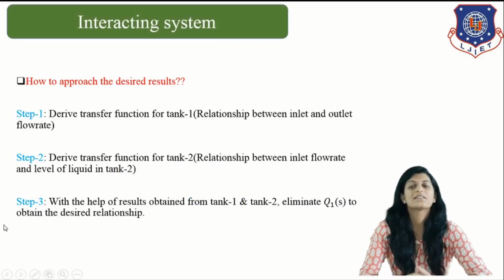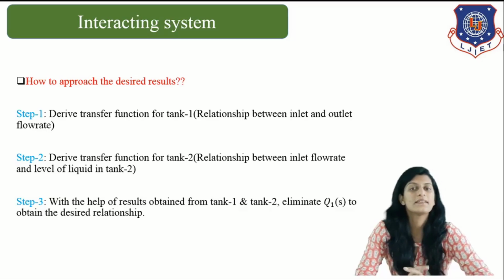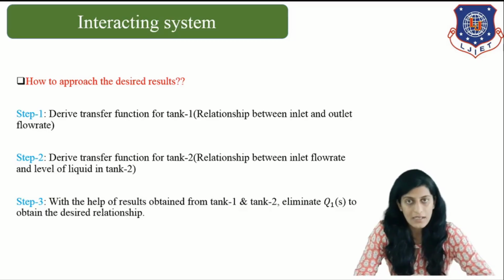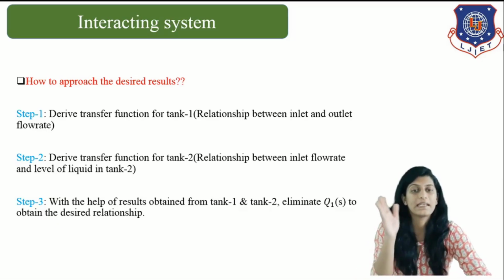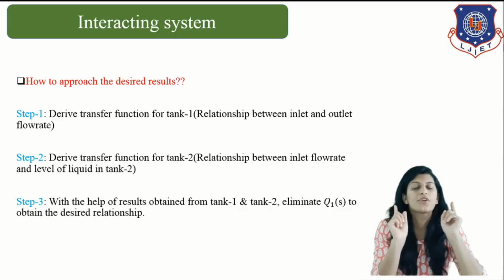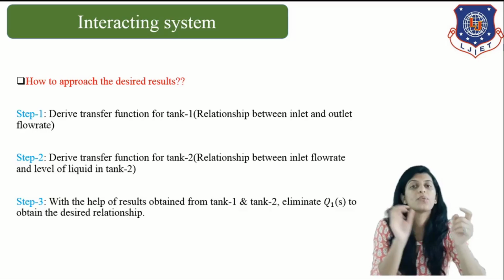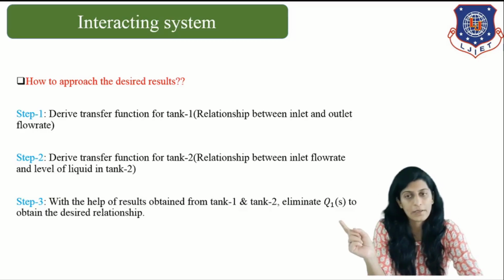So these are the steps which we need to follow to achieve our target of derivation. Step number 1, we will derive a transfer function for tank 1. In that transfer function, we will develop a relationship between inlet and outlet volumetric flow rate, right. So we will develop a relationship between Q1 and Q for tank number 1.